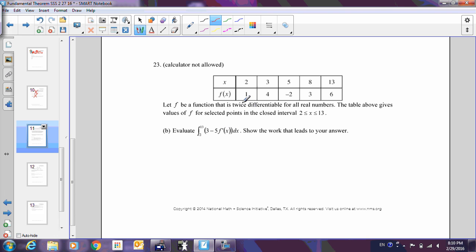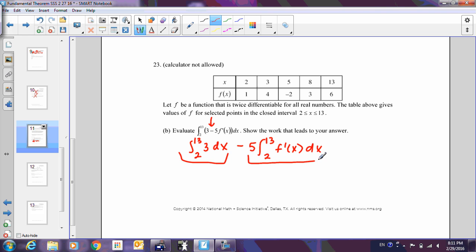So we have a function twice differentiable, and then they give us this information, evaluate this. Remember that when we have things like minuses, we really can just go ahead and split this up into 2 different integrals. Now I'm even going to bring out the 5. So this is 2 different integrals, and that's how we're going to do it.